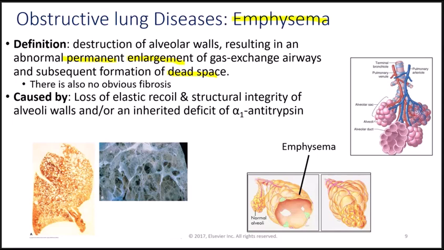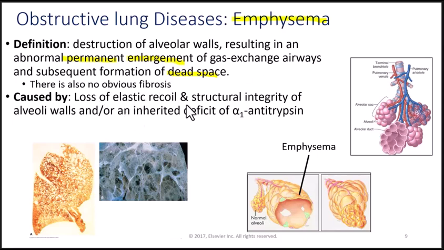And even though some air normally doesn't participate in gas exchange, this form of dead space is problematic. With emphysema, though, there is no obvious fibrosis evident. So in other words, we're not seeing thickening or scarring of the tissue.